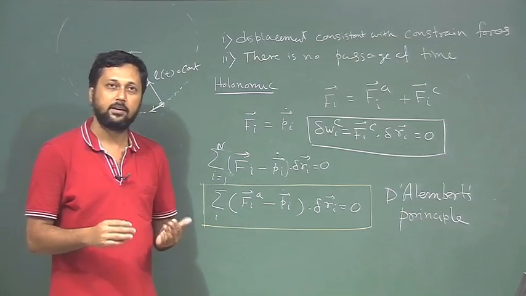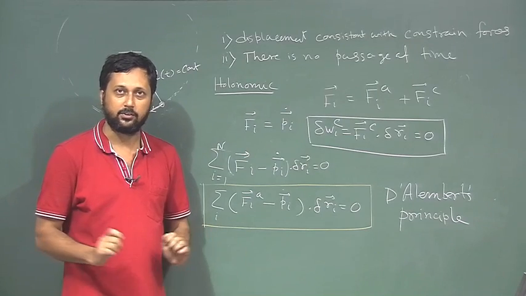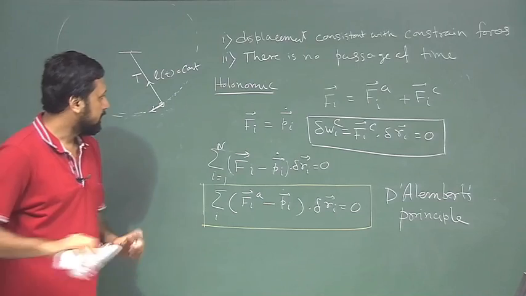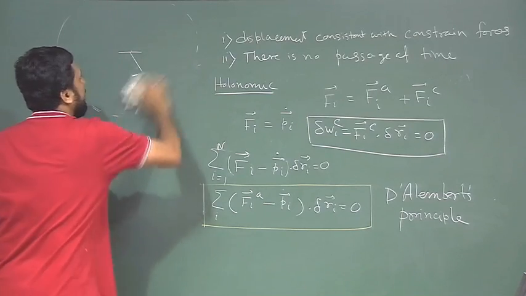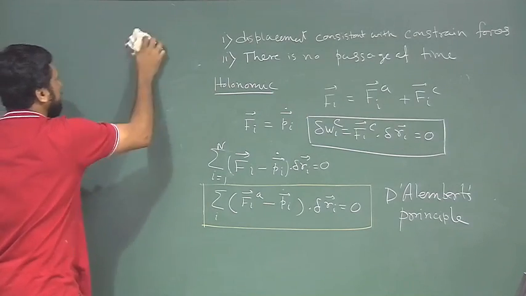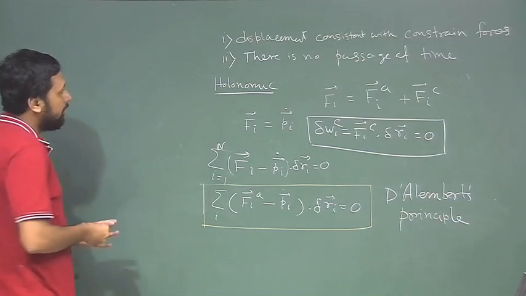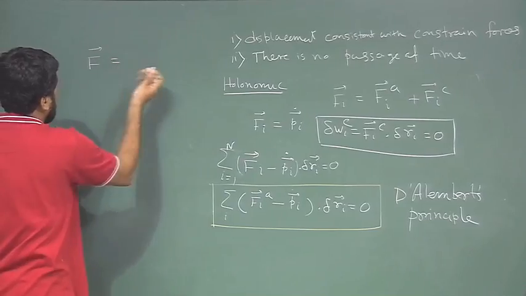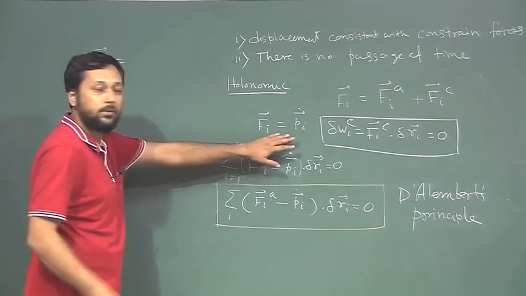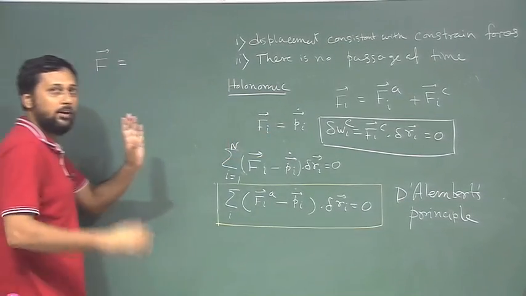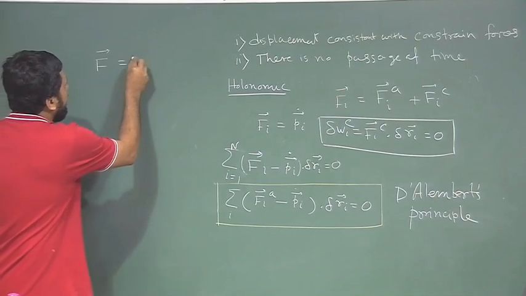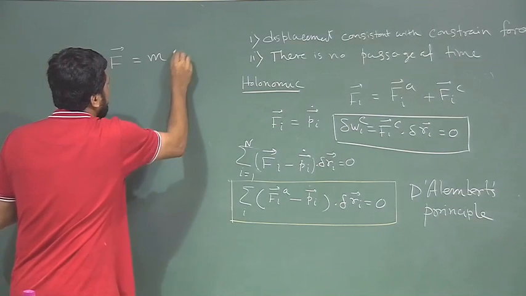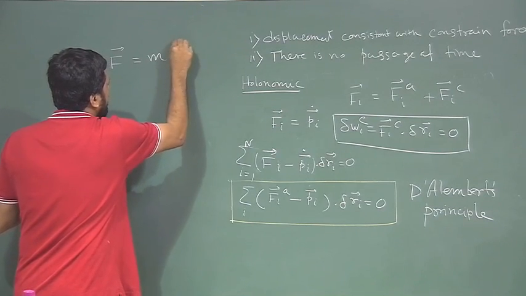Now, this D'Alembert's principle gives you one advantage. That advantage is, it has removed all the forces of constraint from the system. It also gives you one disadvantage. What is the disadvantage? Recall that for Newtonian equations, let us say for a rigid body, you have F equal to m r double dot.